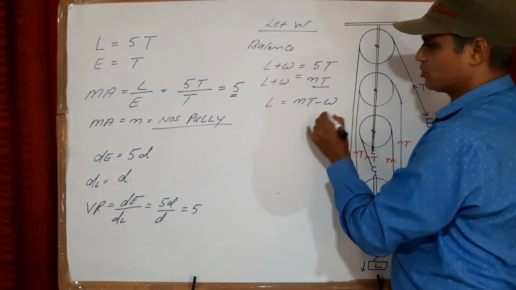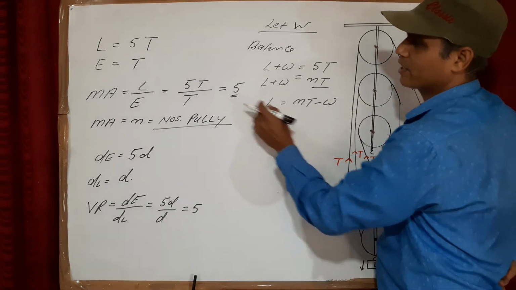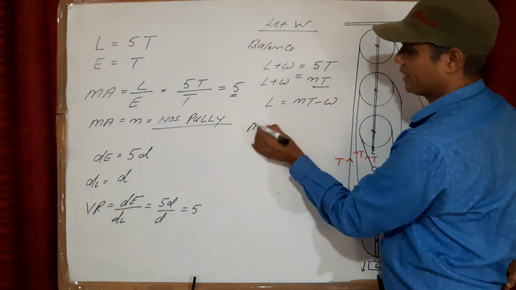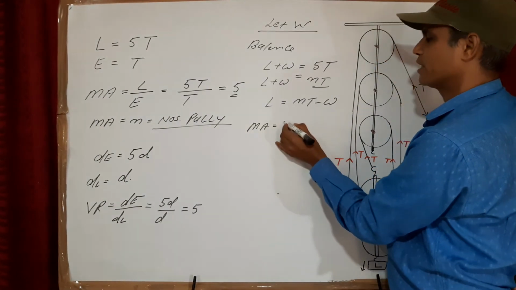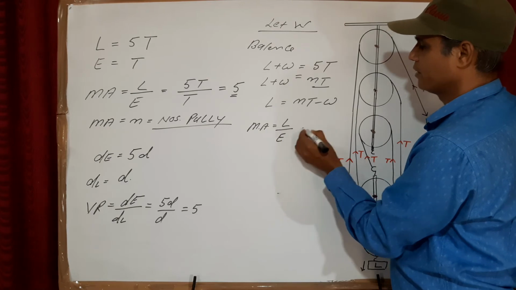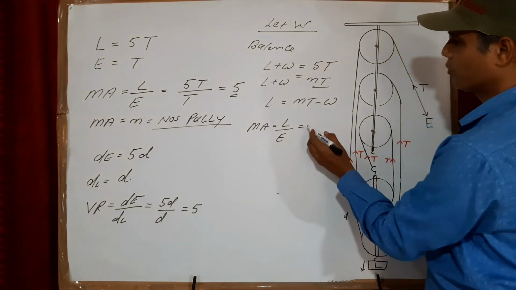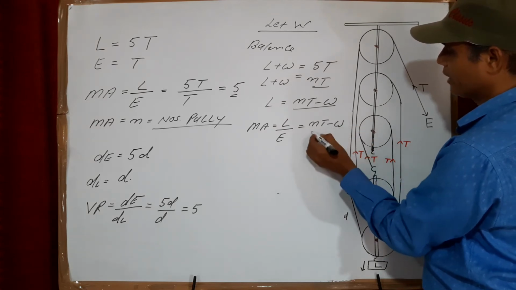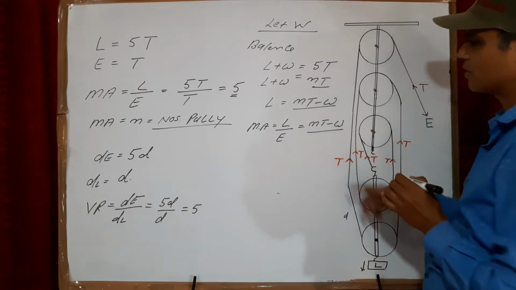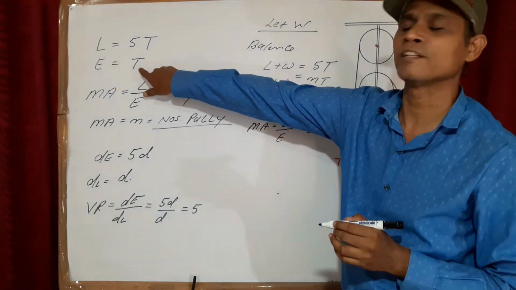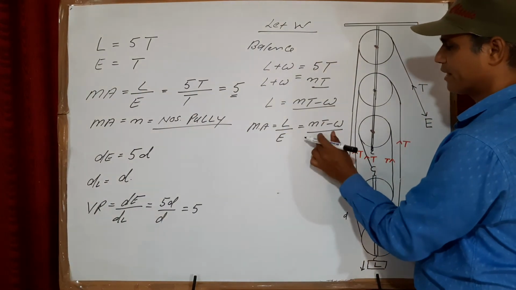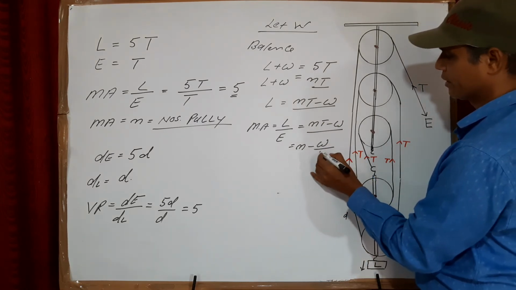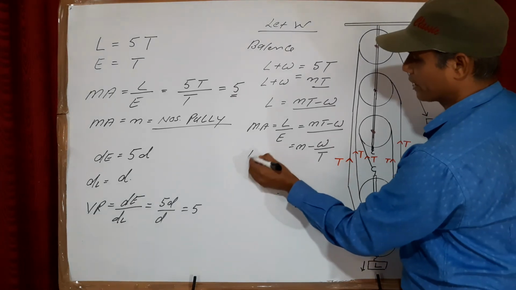And effort, as you know, is equal to T only. So the mechanical advantage here is load upon effort. The value of load is nT minus W, and effort is T. Dividing by T, you get n minus W upon T. So this is the mechanical advantage.